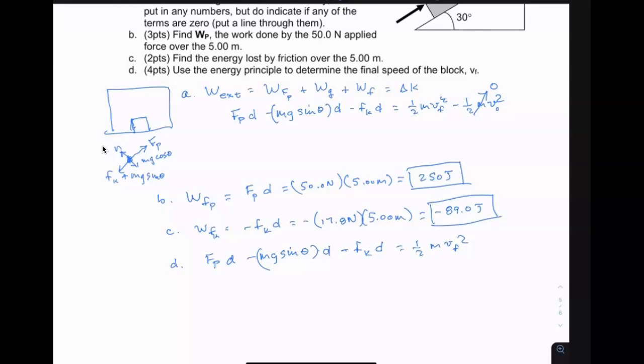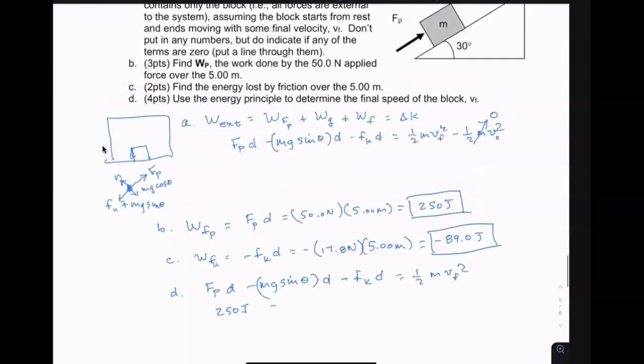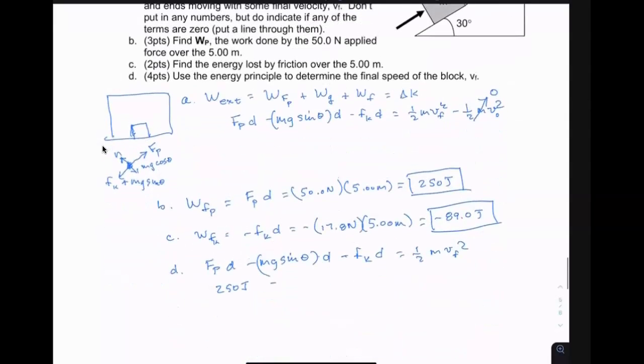So that's 250 joules, which we calculated in part B, minus the mass, which is 6.0 kilograms, times g, which is 9.0 meters per second squared, times the sine of 30 degrees, which is 1/2, times the distance, D, which is 5.00 meters, minus F sub K times D. We've already calculated that.